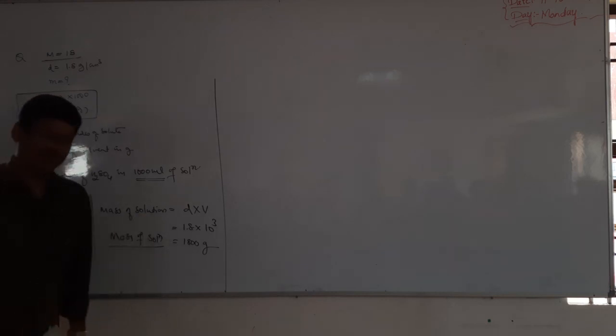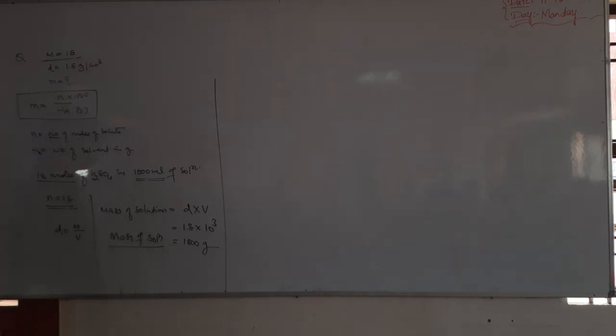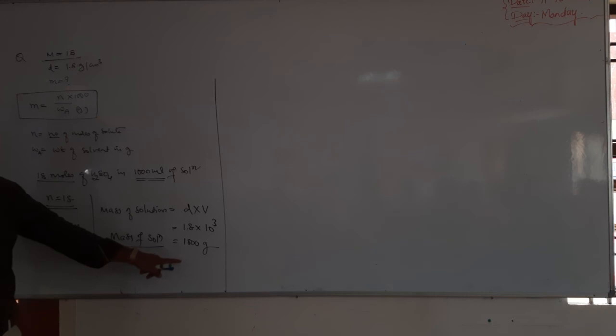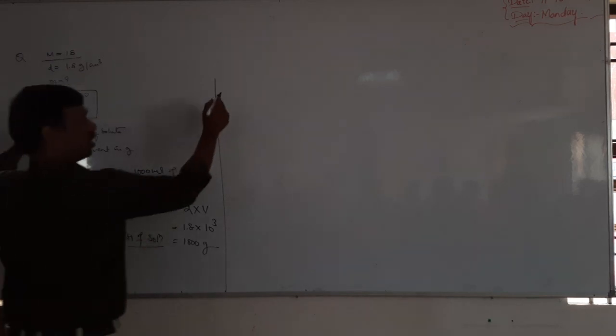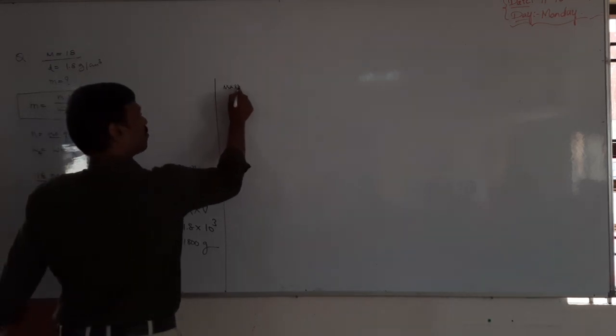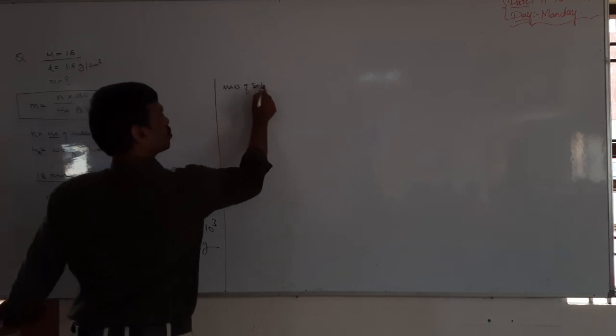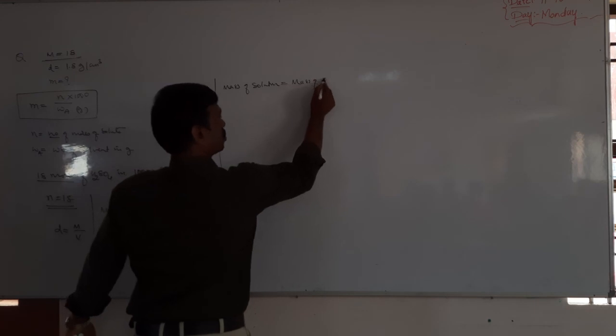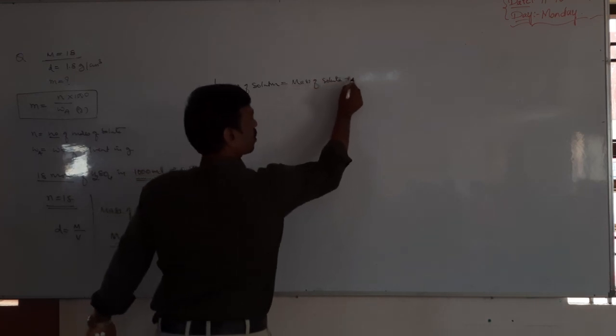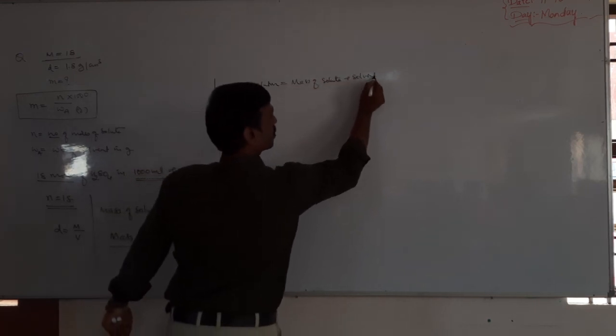So therefore it is 1800 grams. What is this? Mass of the solution. But actually what do we want? Mass of the solvent. Mass of solution is equal to mass of solute plus mass of solvent.